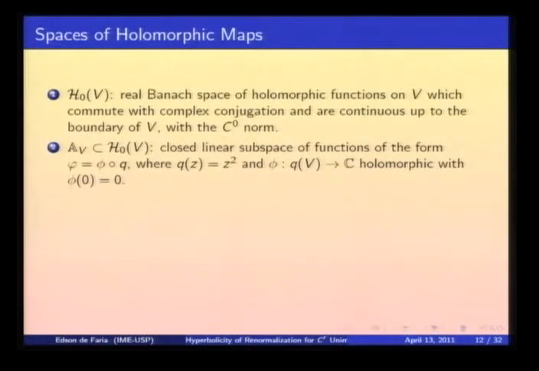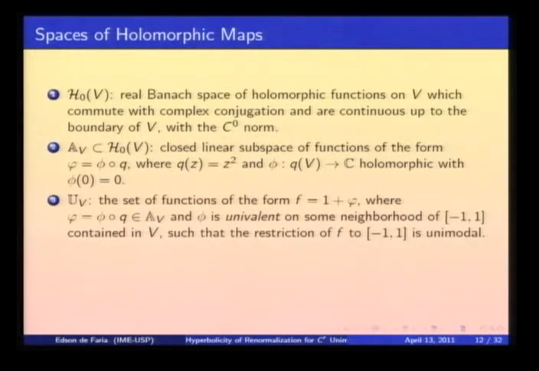Through a holomorphic map. Now, I define a space called U sub V, which is the set of all functions. It's not exactly inside the space. It's inside a translation of this space, an affine subspace of H0 sub V. So it's just 1 plus A sub V. In there you have this U sub V, which is the set of all functions which are of the form 1 plus phi, where phi is in A sub V, okay?